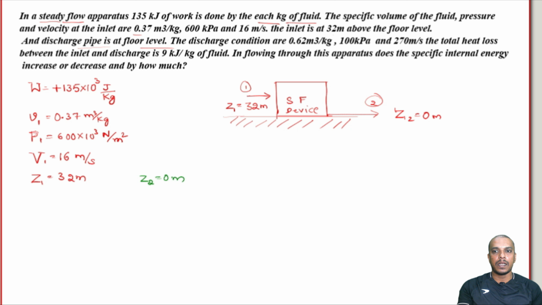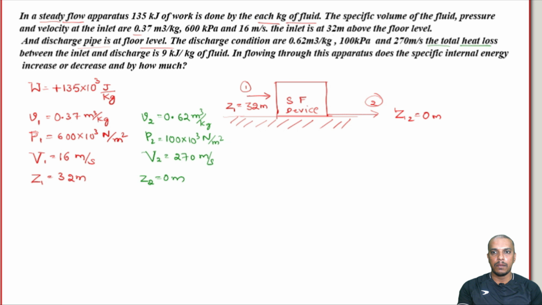The discharge conditions are, at outlet volume is 0.62 meter cube per kg, pressure is 100 kilopascal, and velocity is 270 meter per second. And he is also speaking about the heat loss.